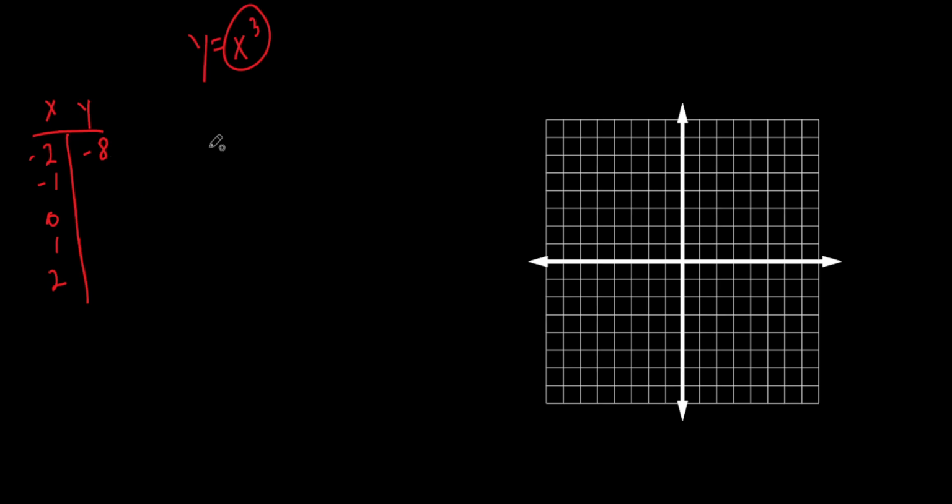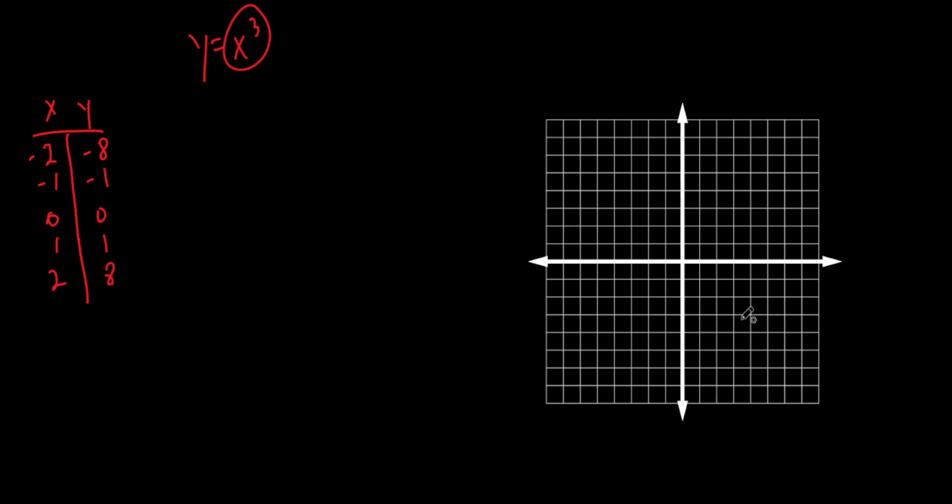So anytime you have an odd number of negatives, your answer is always going to be negative. If you have an even number, if this was to the second, to the fourth, to the sixth, then you always get a positive answer. Everybody with me? Okay. Put a negative 1 in for that. What are you going to get? Negative 1. Put a 0, 0. Put a 1, positive 1. Put a 2 in there, positive 8.